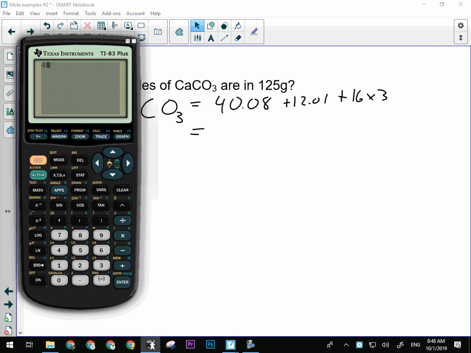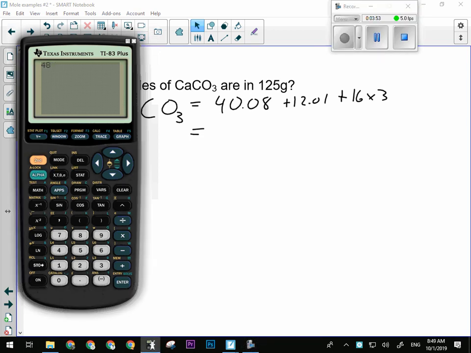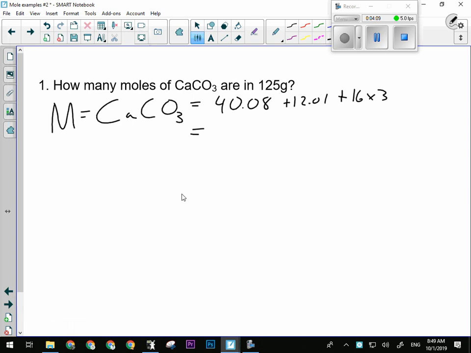So we got 40.08 plus 12.01 plus 48. That's 16 times 3. So we got 100.09 grams per mole. So that's the mass of 1 mole, or the mass of 6.02 times 10 to the 23 molecules of calcium carbonate.